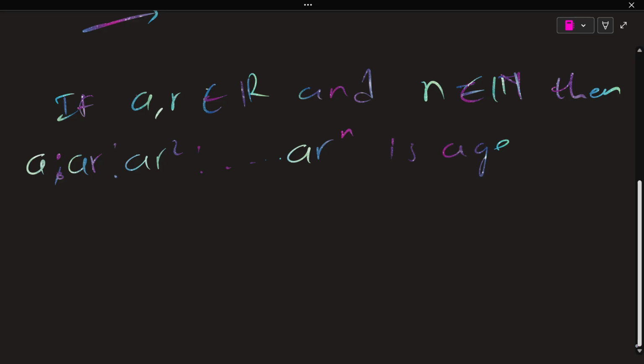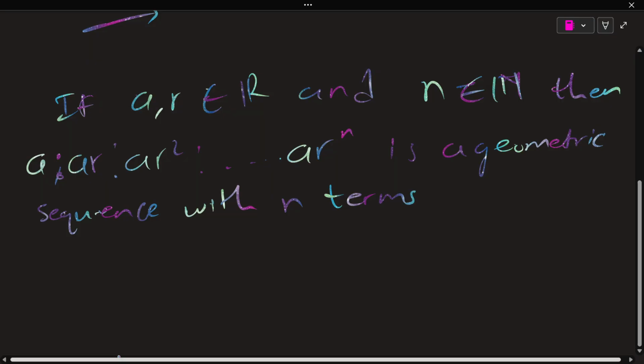This is a geometric sequence, a geometric sequence with n terms.